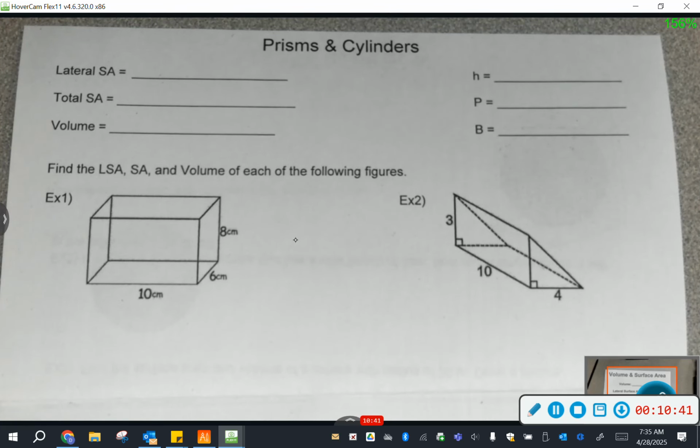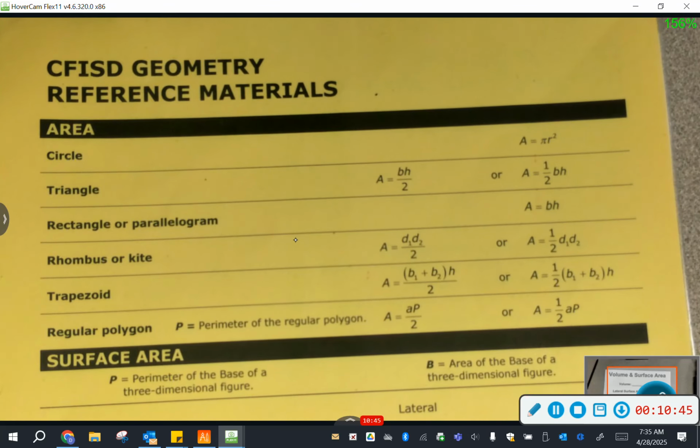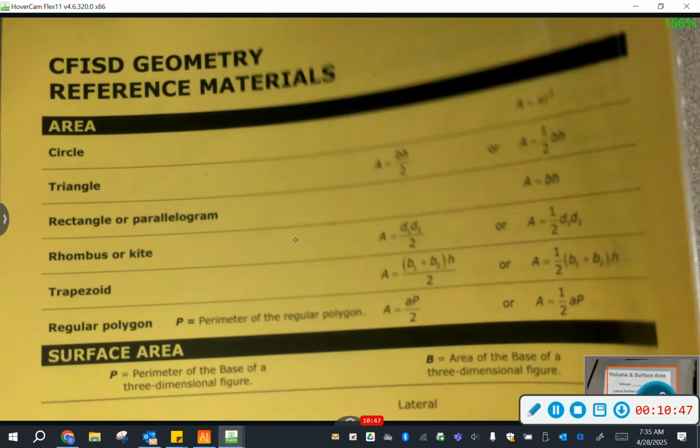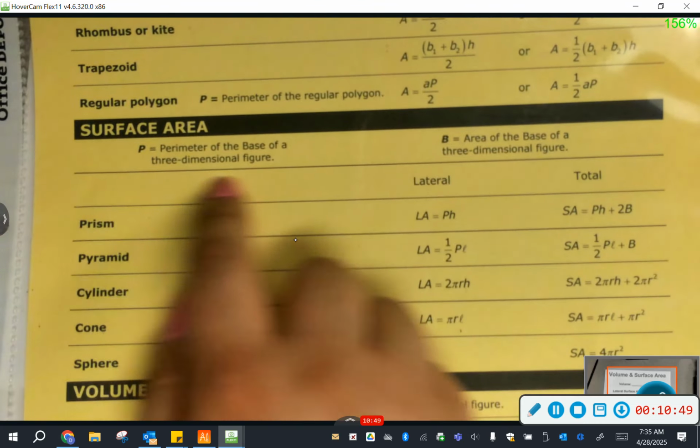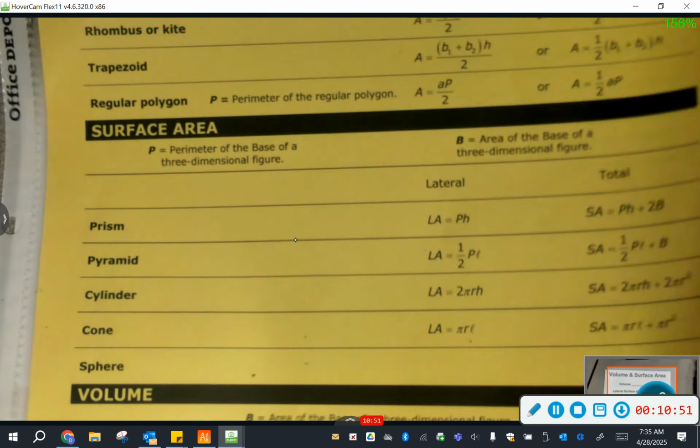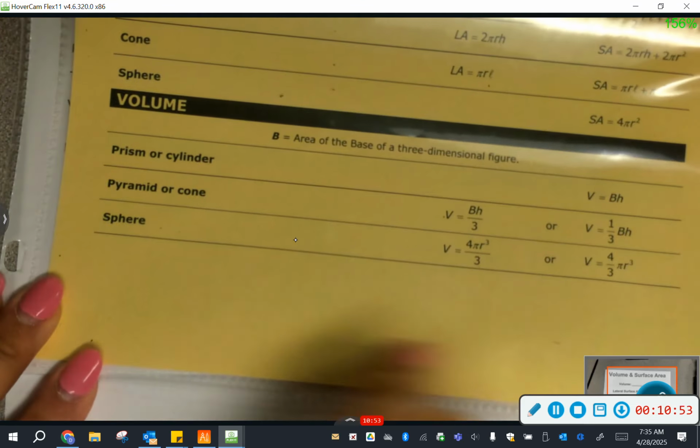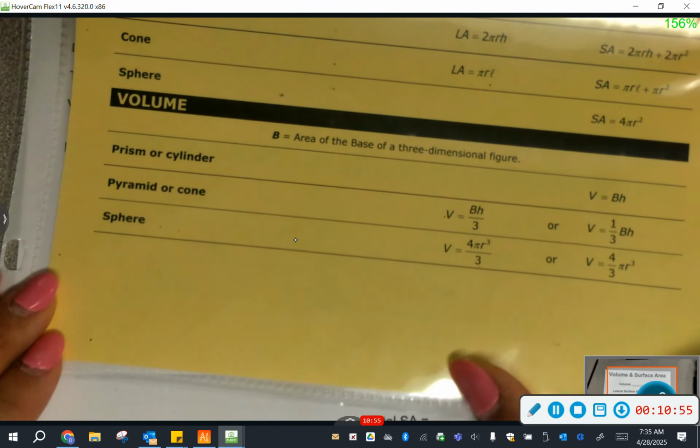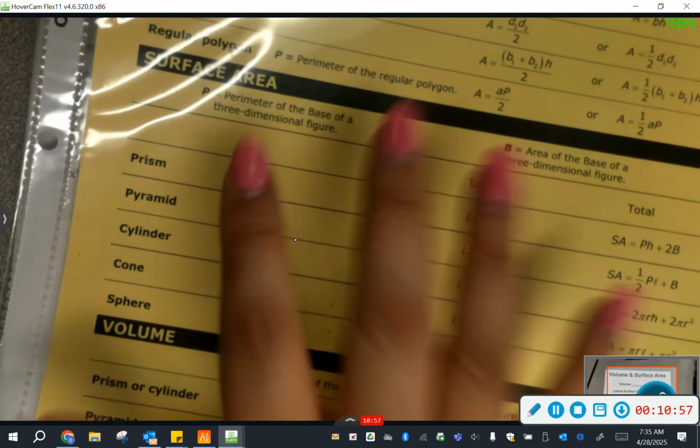No. I'm going to give them to you. I just want you to see a formula chart. We did area last unit. Do you see how it has a whole surface area section here and a whole volume section down here? These are going to be given to you. You don't have to memorize them.